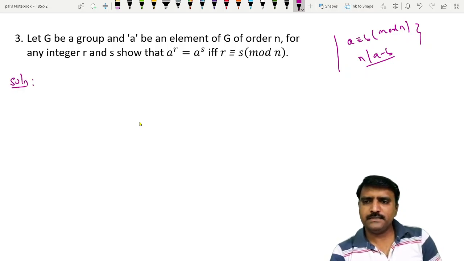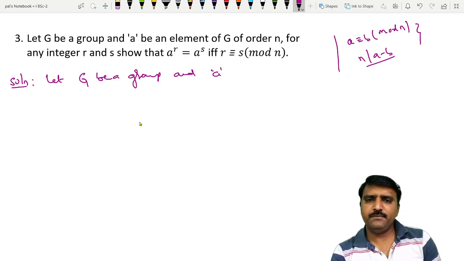So let G be a group, and A be an element of group G of order n.